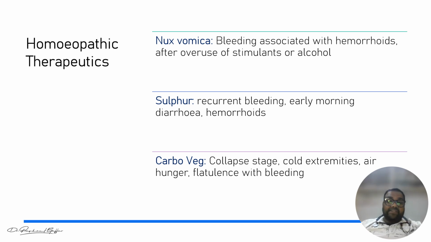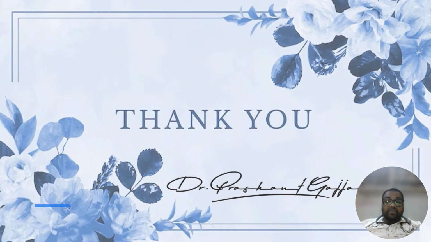And the last one is Carbo veg: the collapse stage, cold extremities, air hunger, flatulence with bleeding. So these are the different homeopathic therapeutics used to treat upper GI bleeding as well as lower GI bleeding, right?